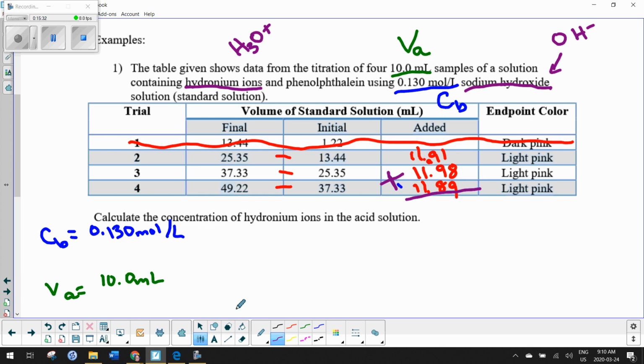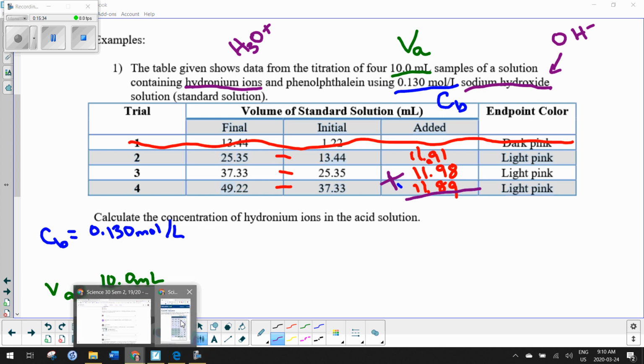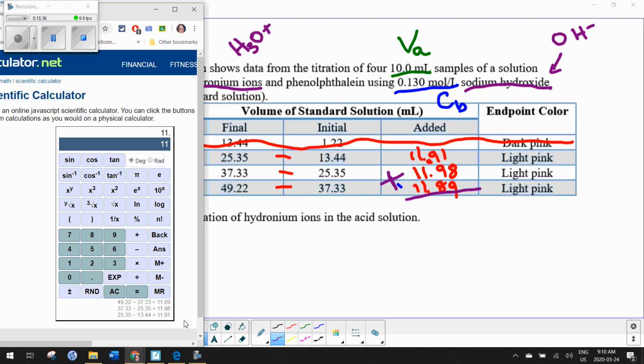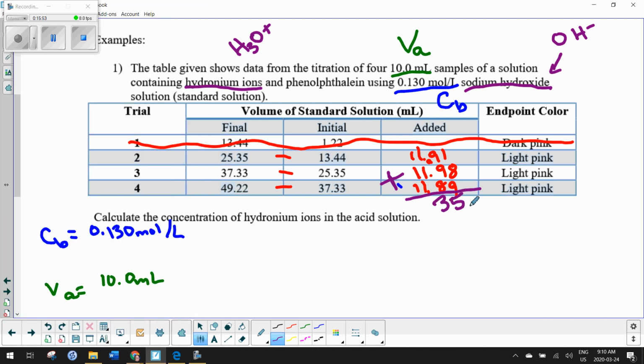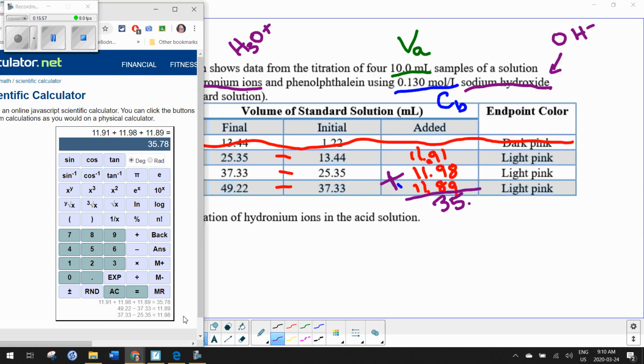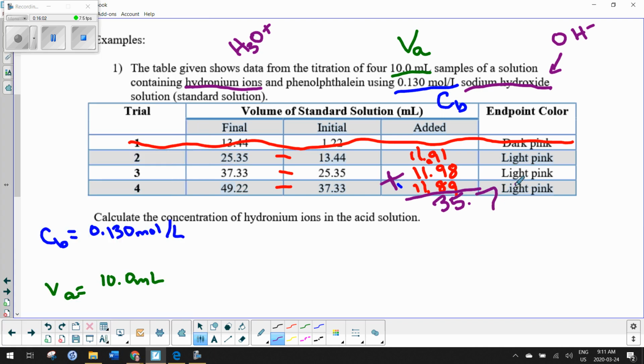We have 3 samples, so we're going to add 11.91 plus 11.98 plus 11.89 equals 35.78. Sorry, 35.78.